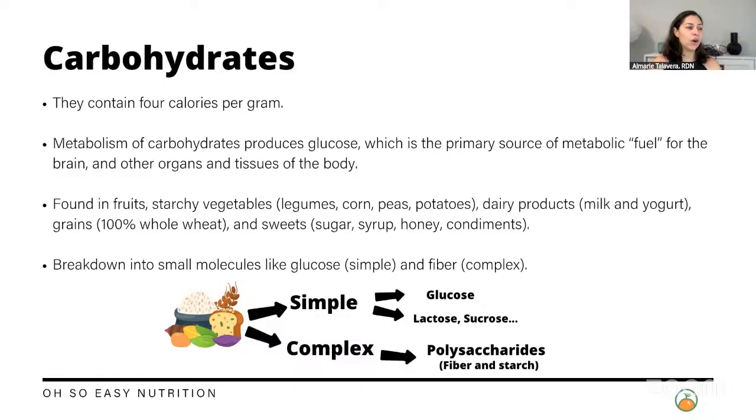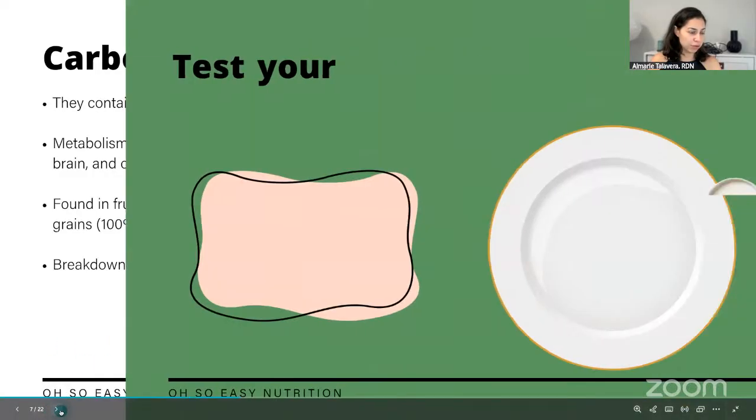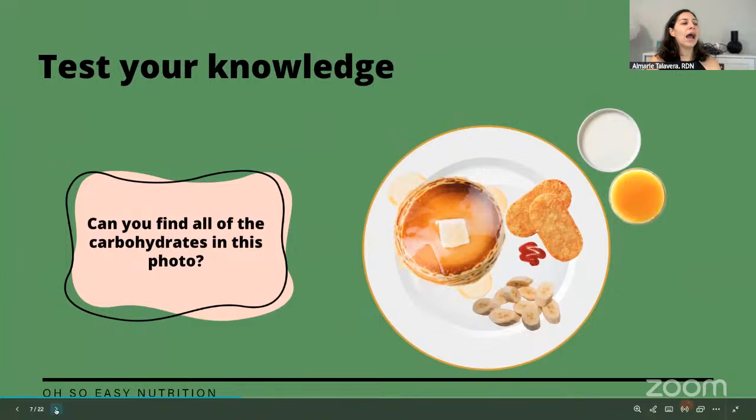Now, there are 2 different types of carbs. One is simple and one is complex, but both have glucose. Now, in this image, can you find all of the carbohydrates in the photo?